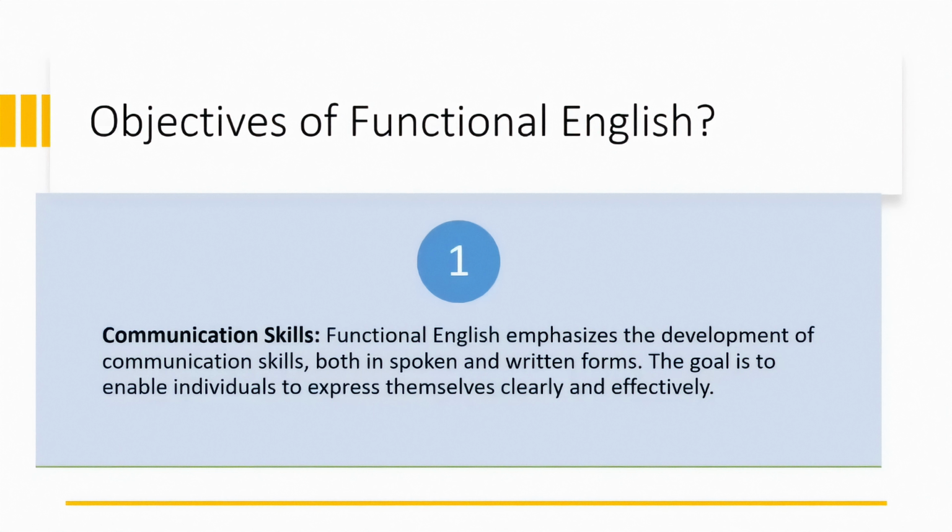So if we talk about the objectives, communication focuses on skills. As we have discussed in the previous slide, its focus is on enhancing the skills. Functional English emphasizes the development of communication skills both in spoken and written form. Its objective is to enhance both skills.